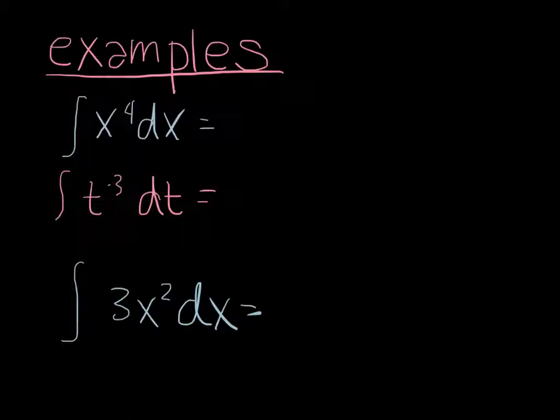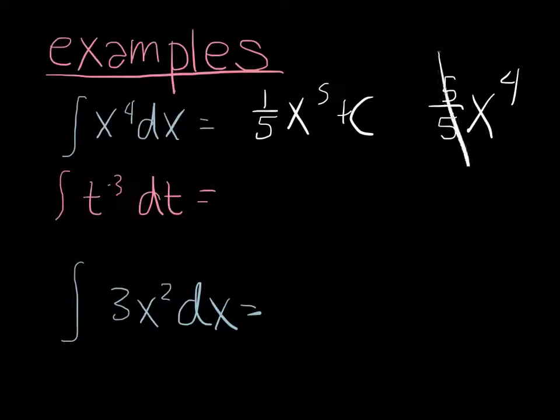Here are some examples. The integral of x to the fourth dx equals 1/5 x to the fifth plus c, because the derivative of 1/5 x to the fifth plus c is, take the 5 down, you get 5/5 x to the fourth. This becomes a 0, and you just get x to the fourth.